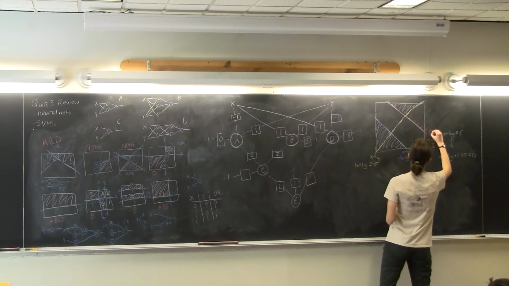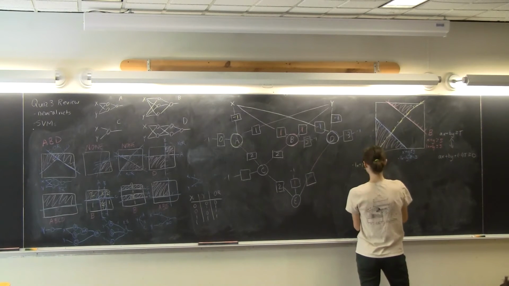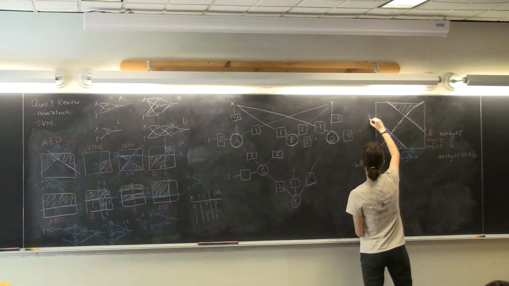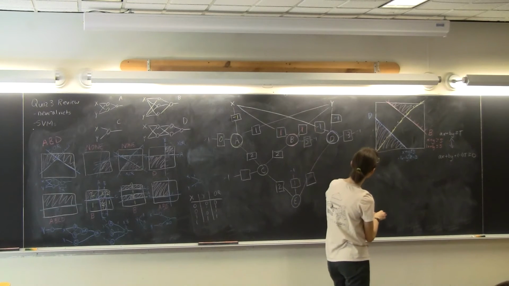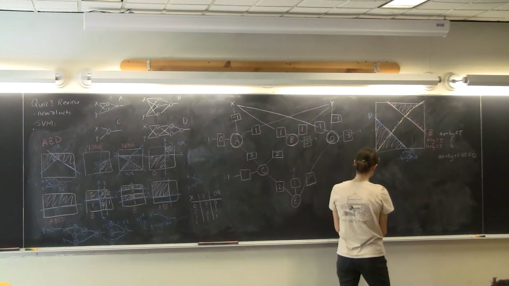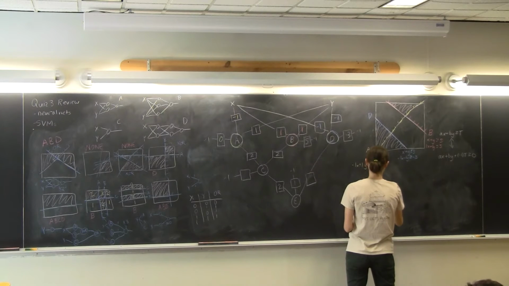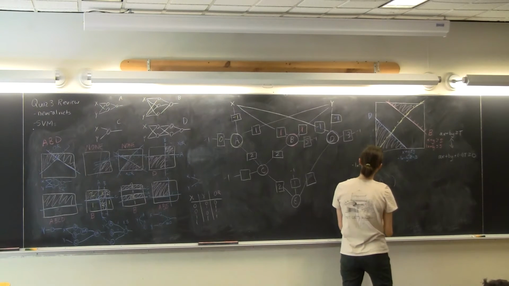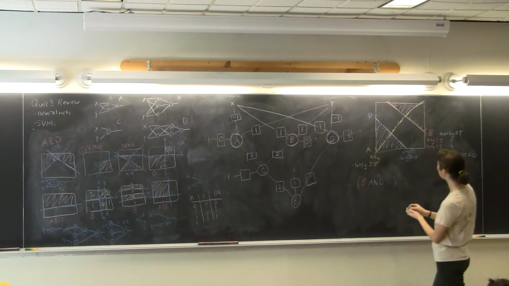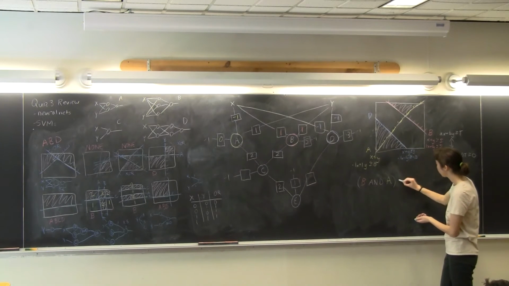Here let's label these, that'll make it easier. So B, A, and D based on the way we match them to the neural net. So we just said B and A, or D.